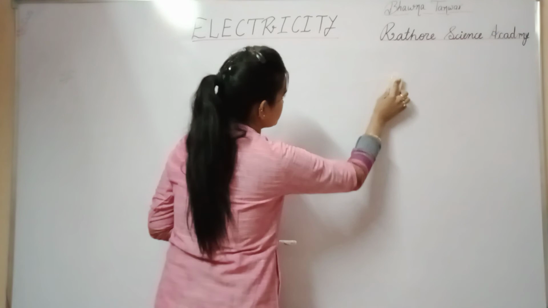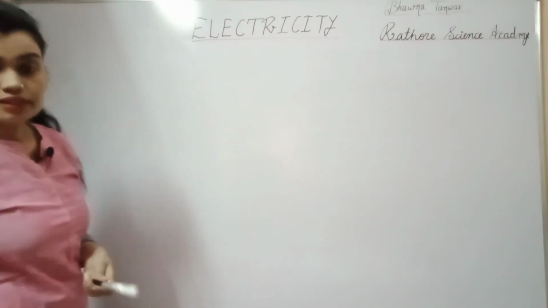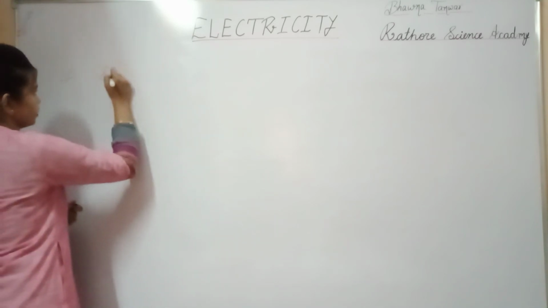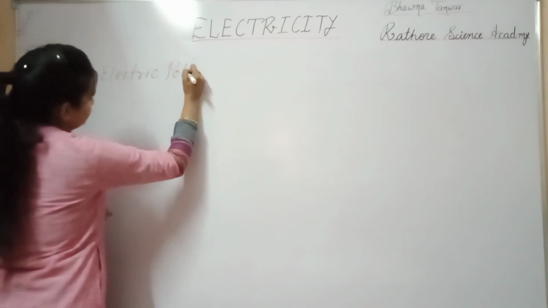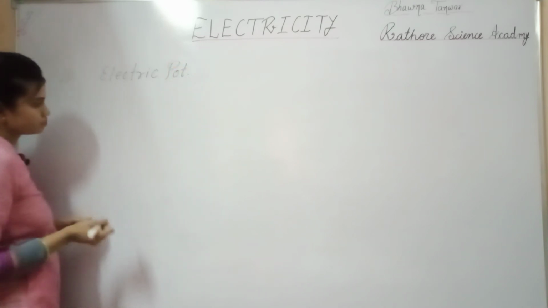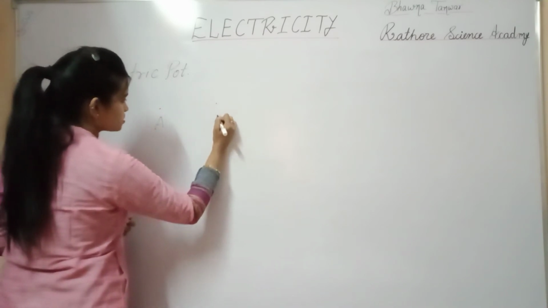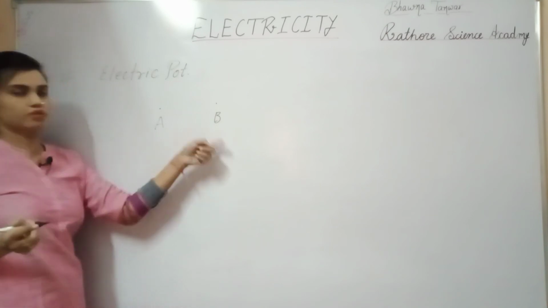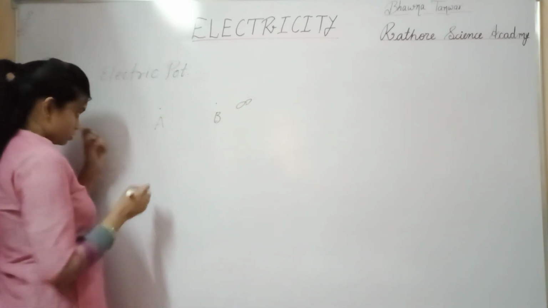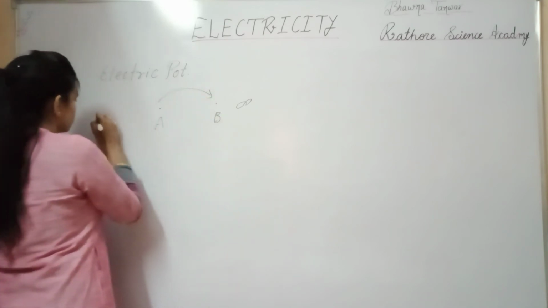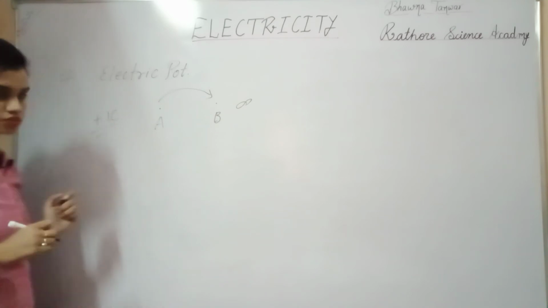So we have discussed potential difference, right? Now what is electric potential? In the same way we will learn the definition. Suppose this is point A, and this is point B, but point B is somehow kept at infinity, right? So again we will do some work to bring one coulomb charge or unit positive charge.